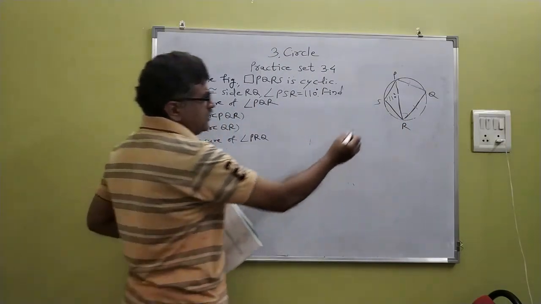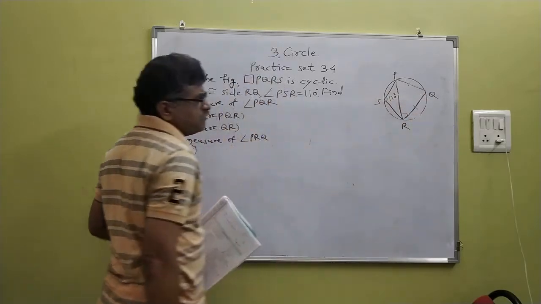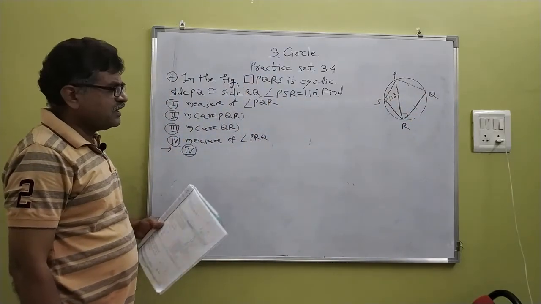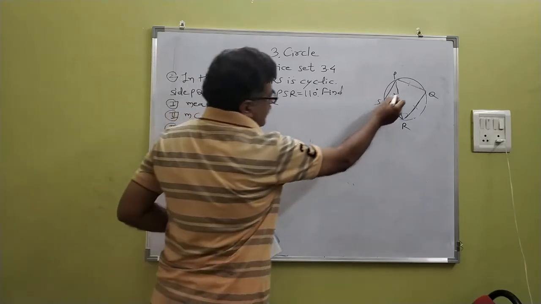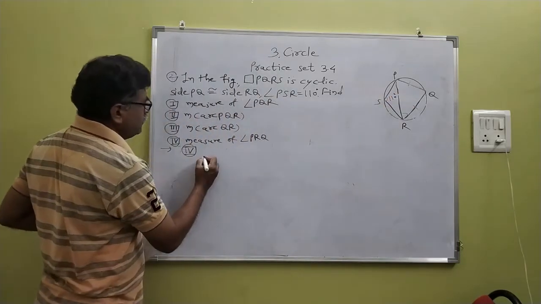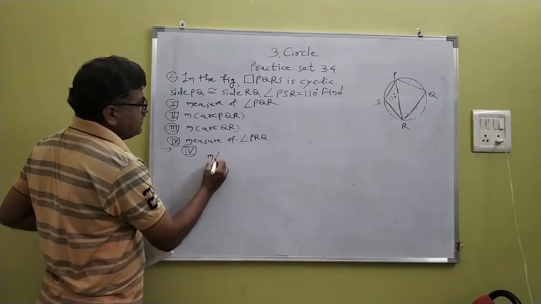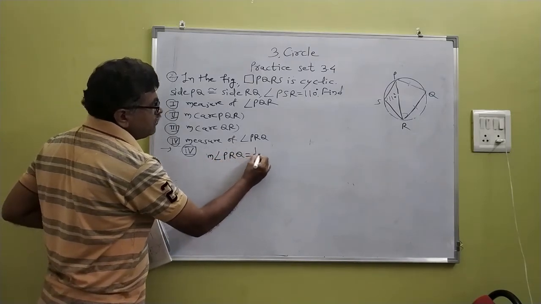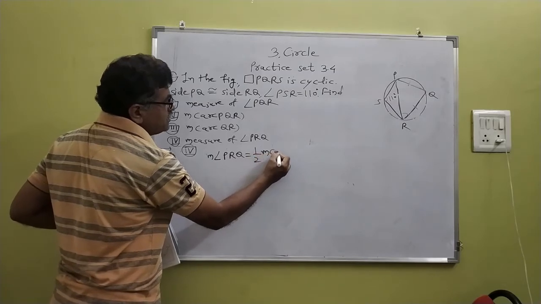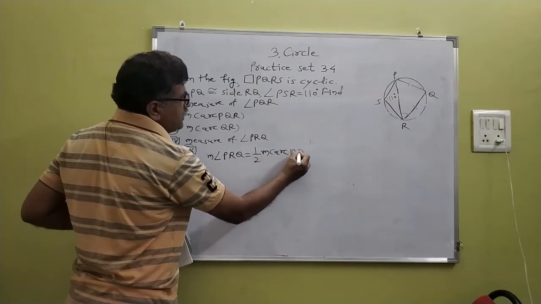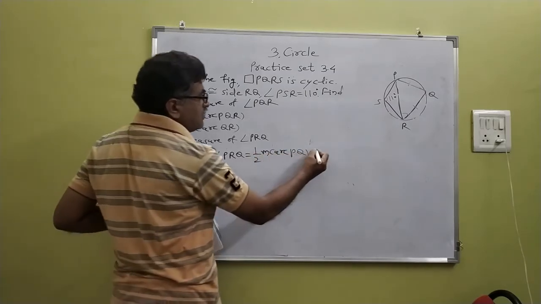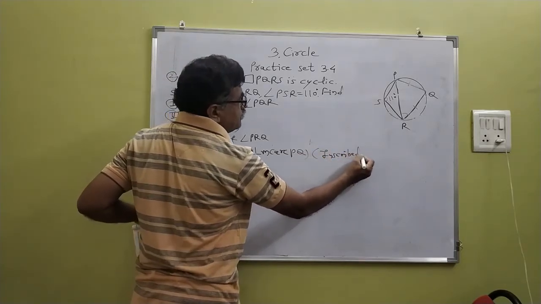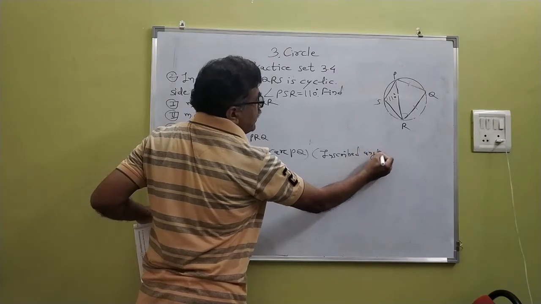Now we know the value of arc PQ. What is the value of PQ? The value we found is 110. Now the measure of angle PRQ is equal to 1 upon 2 the measure of arc PQ. Write down inscribed angle theorem.